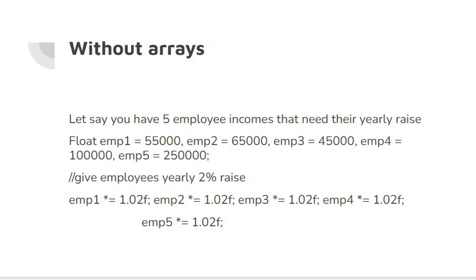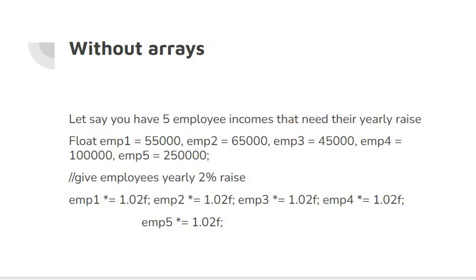So let's say you have 5 employees, but in your mind, think about 50 employees or 500 employees. You have 5 employees' incomes and need yearly raises. You're going to write some code that will apply the yearly raise of 2% to each one of these employees.